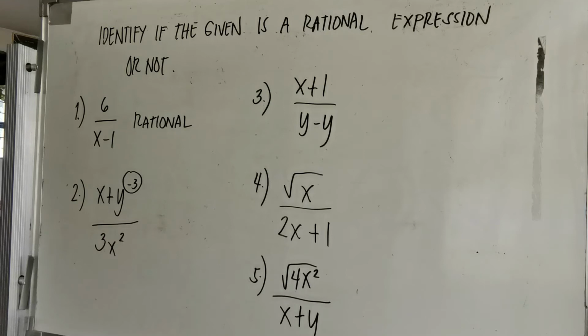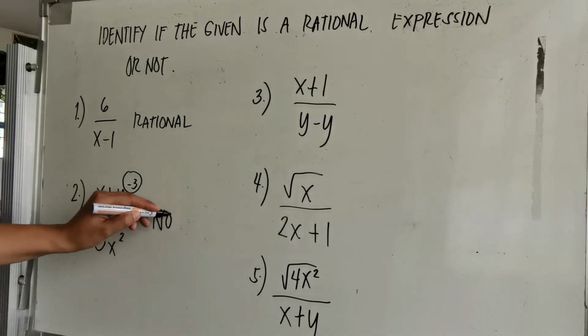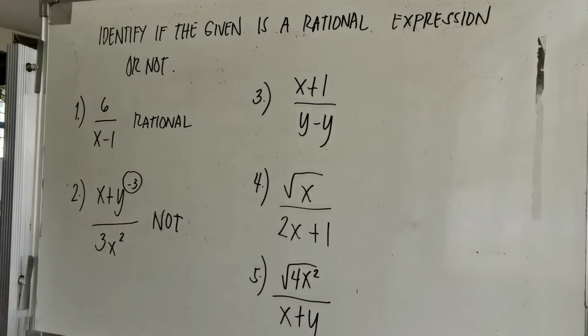So, ibig sabihin nun, number 2 is not a rational expression. So, kung aalalahanin natin yung definition kanina, ang sabi doon, numerator and denominator or p of x over q of x are both polynomials. So, itong negative 3, we cannot consider that as polynomial. So, dyan pa lang, our given in number 2 is not a rational expression.